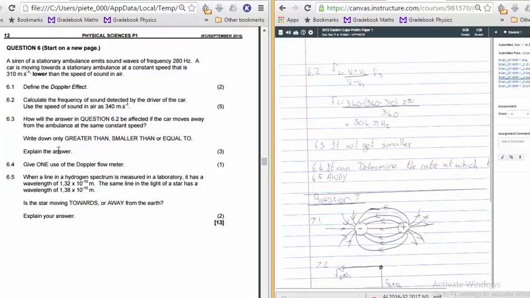So explain your answer. If the observer was traveling away, it will be smaller than. If the observer was moving away from the source, he would be traveling in the same direction as the sound waves, and therefore his observation of the waves would be at a lower frequency, because as the wave is going, he's traveling in the same direction, while if he was traveling in the opposite direction, he would be driving into the waves, in a sense.